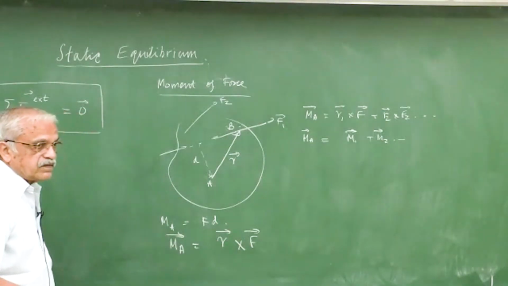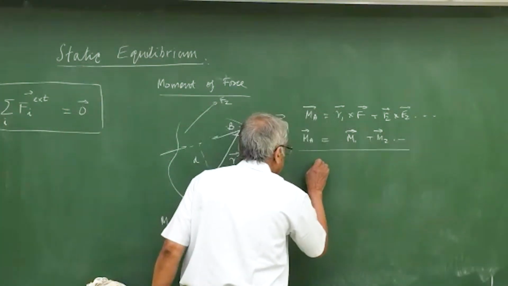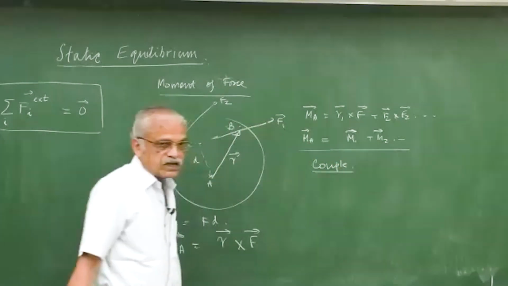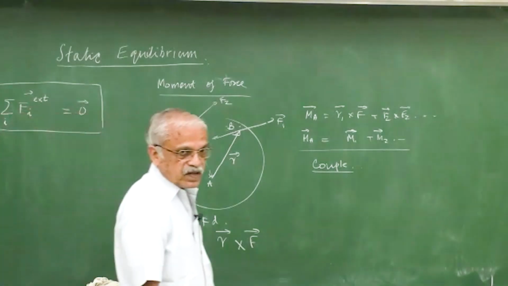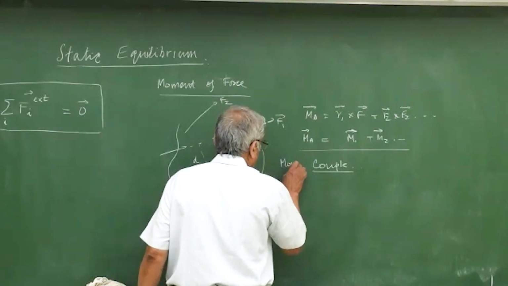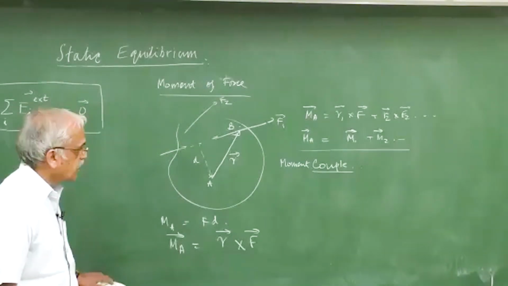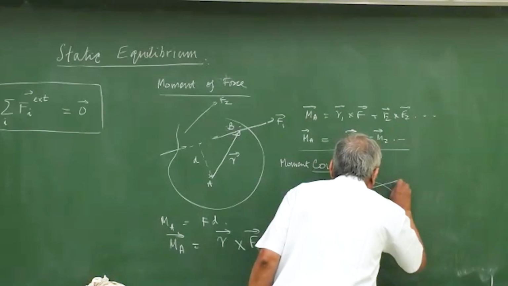There's also another thing which we keep coming across, which is a couple. This is a little bit of confusion. This is sometimes called a moment couple, or simply a couple. This is the moment due to a couple of forces.